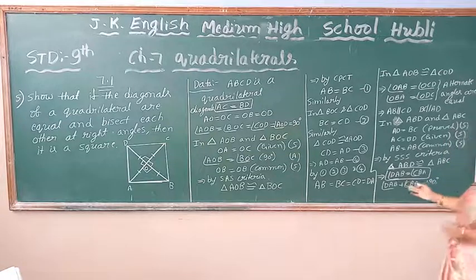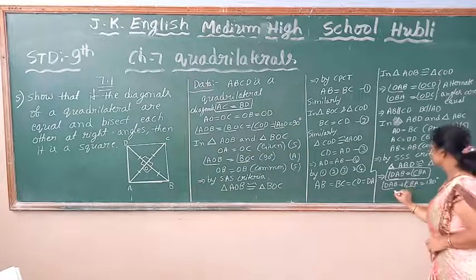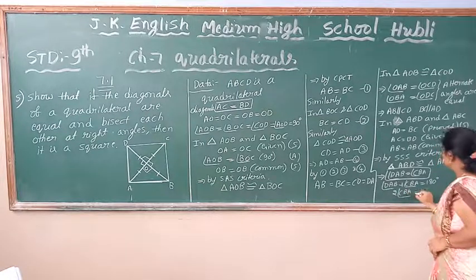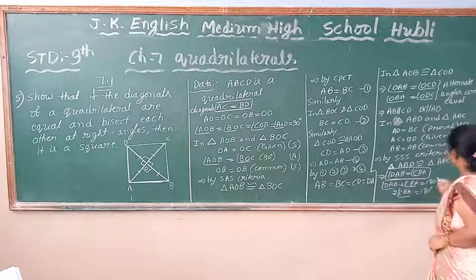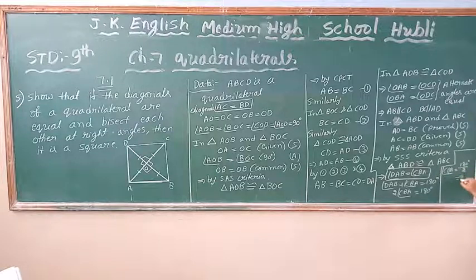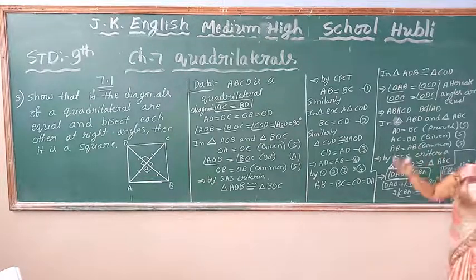If these two are equal, children, twice the CBA angle is equal to 180 degrees. Therefore CBA angle is equal to 180 degrees divided by 2. So it becomes 90 degrees. So one angle, CBA angle, I put 90 degrees in this quadrilateral.